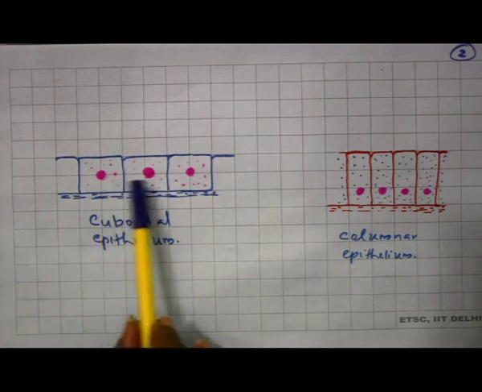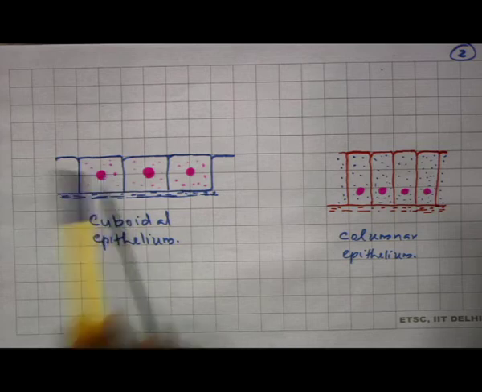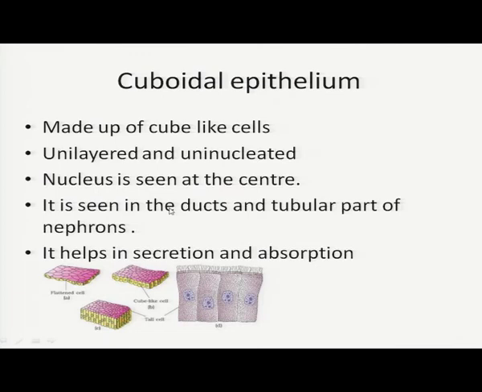When you are observing, you can see the nucleus at the center of the cell. Now, in which part of our body can it be observed? It is seen in the ducts as well as in the tubular part of the nephrons. Since they are present in the ducts, it helps in secretion, and in the tubular part, PCT, DCT, Henle's loop and all, it helps even in absorption also.